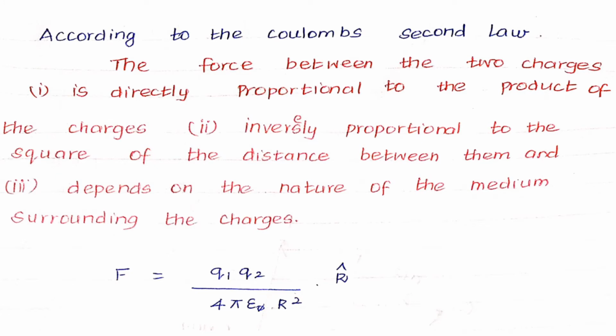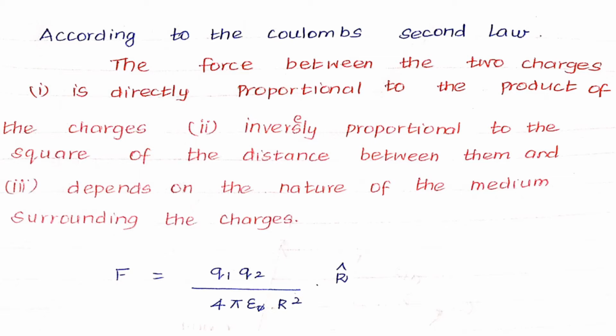According to Coulomb's second law, the force between two charges is directly proportional to the product of the charges, inversely proportional to the square of the distance between them, and depends on the nature of the medium surrounding the charges. So F is equal to Q1 Q2 divided by 4 pi epsilon R square into R cap.